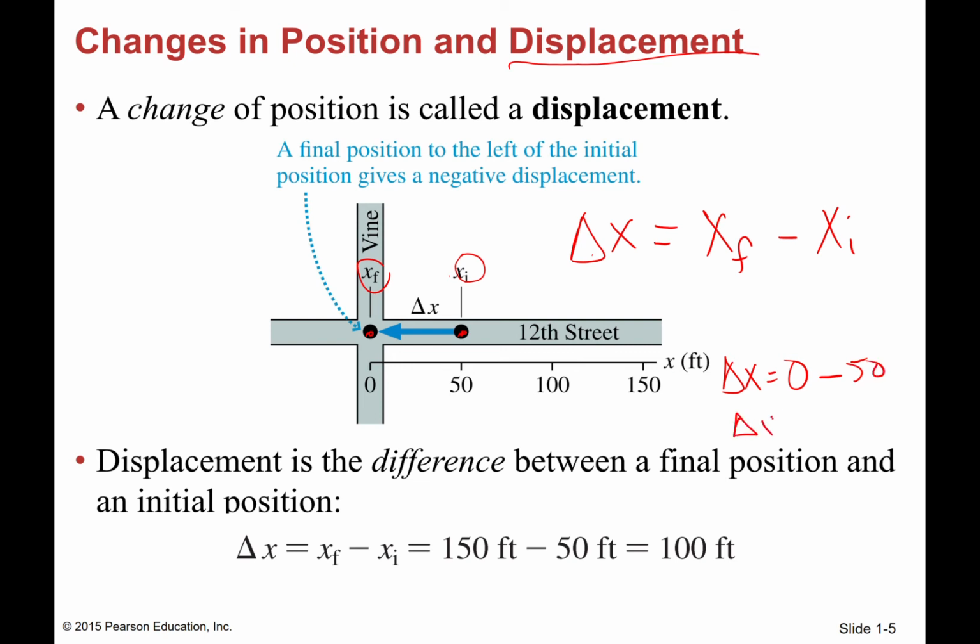So the change in position is equal to minus 50 feet. If the car moved from here to here, for instance, then the change in position delta x is equal to 150 minus 50, final minus initial, which is 100 feet.